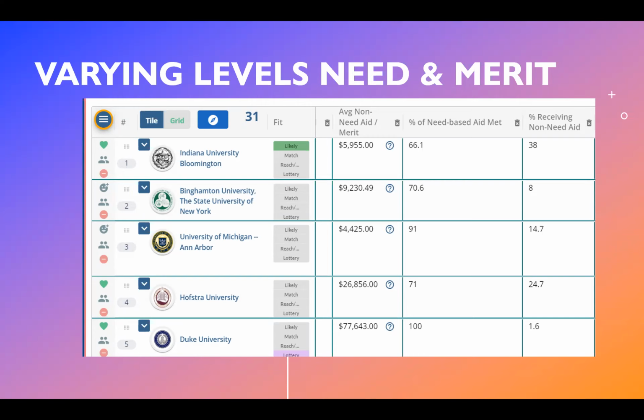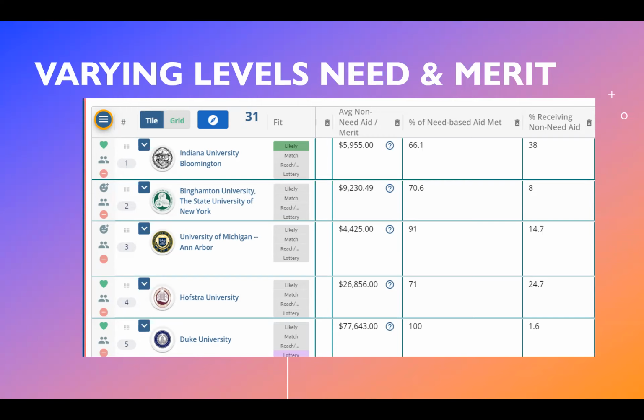On the other hand, Duke gives out about 77,000 in merit money. But look at the percentage of students who are getting it. Very low. And you know who's getting it? They're athletes. So if a school is a D1, a Division I athletic school, a lot of their money will go to their athletes.